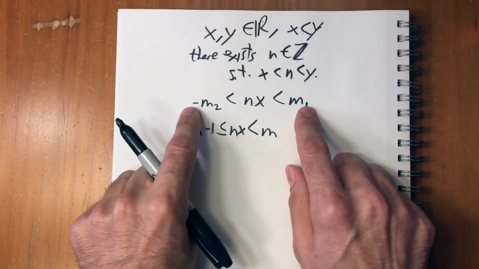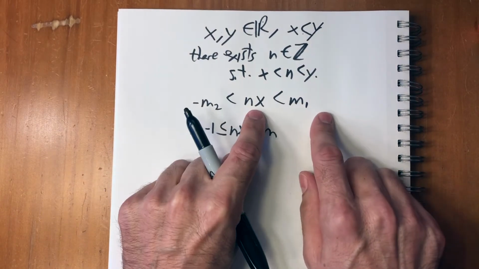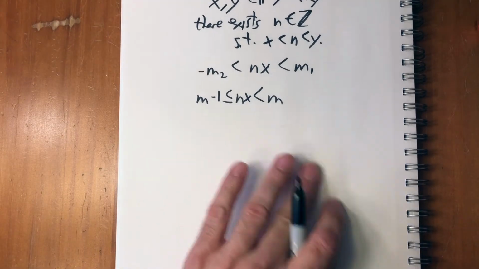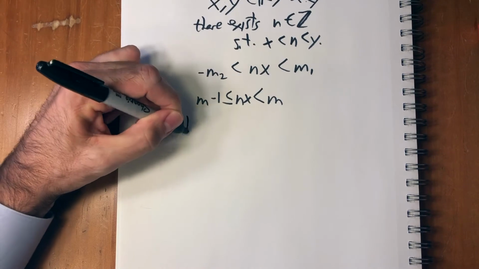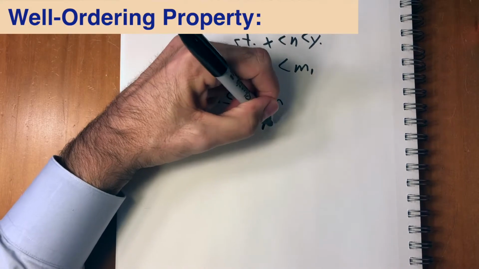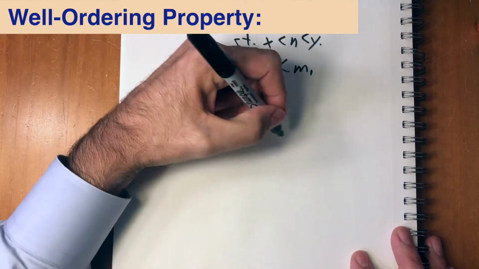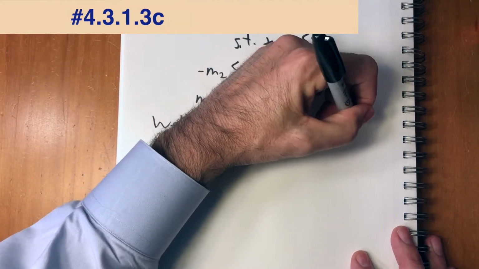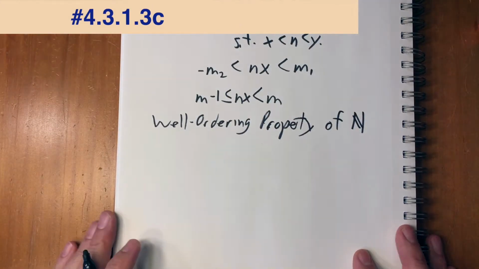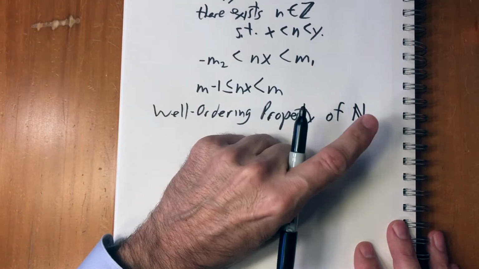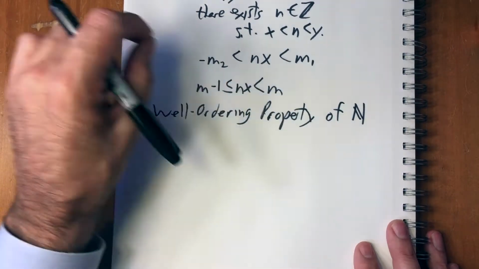He just claimed that clearly if there's two integers on either side of nx, then there must be ones that are right next to nx on either side. So in order to prove that, what we did in the last video was we proved the well-ordering property of natural numbers, which says that every non-empty subset of N has a minimal element.